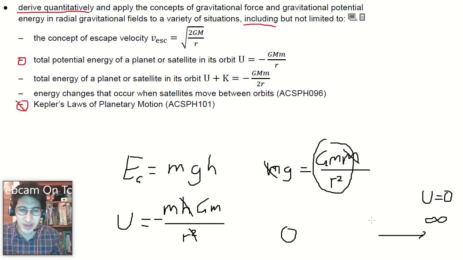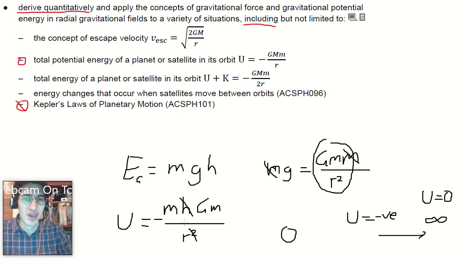Any closer and the energy is less than zero, a negative value. The closer you get to Earth, the larger that negative value, because if you get smaller and smaller r, you get a larger and larger negative value. It means it's less and less away from zero. Okay, good. Dot point done.